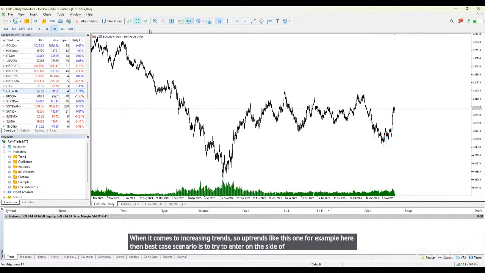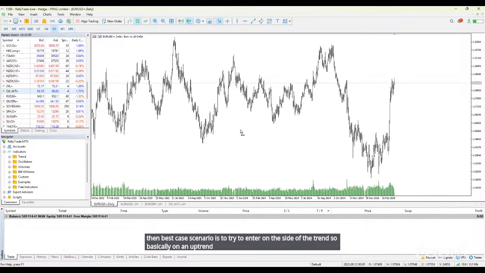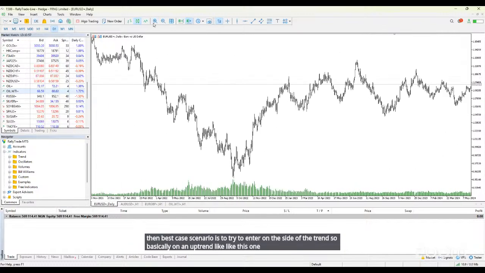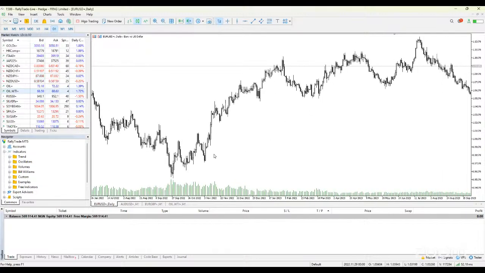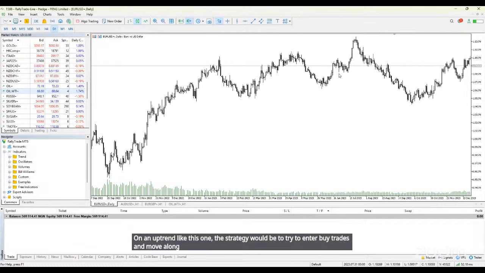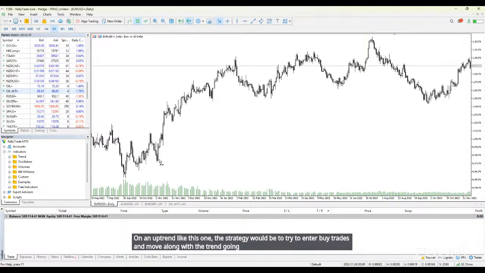So on an uptrend like this one, the strategy would be to enter buy trades and move along with the trend going up, because the direction of the trend will always make moves bigger than the corrective movements.